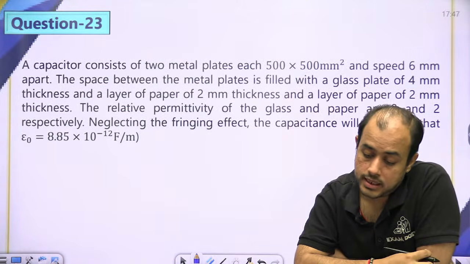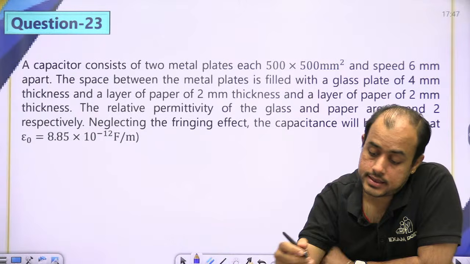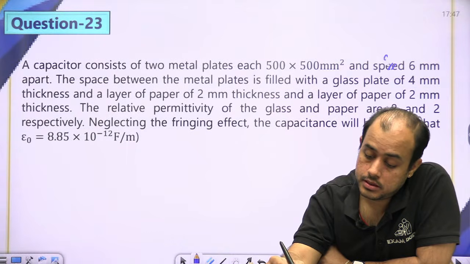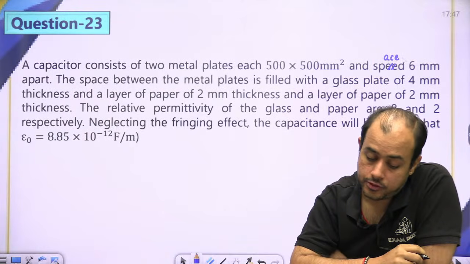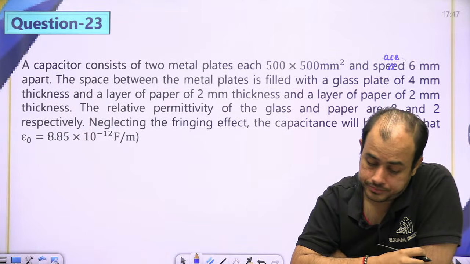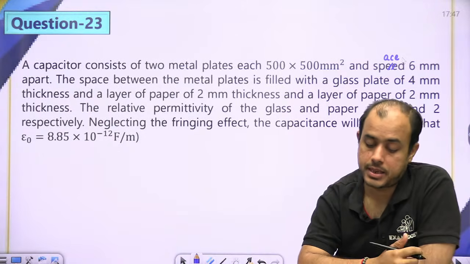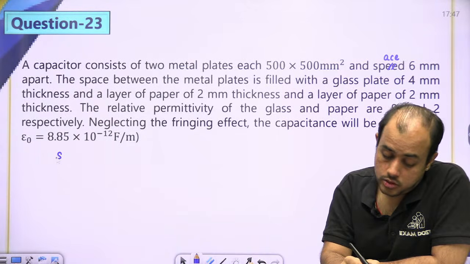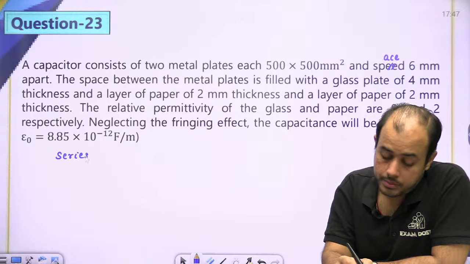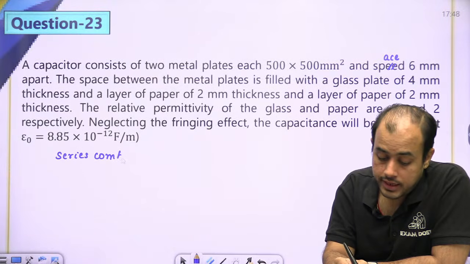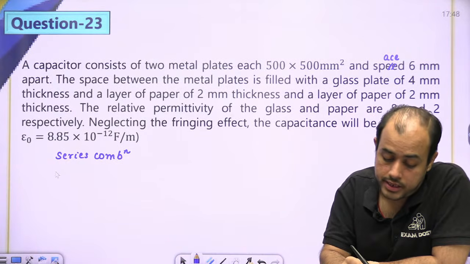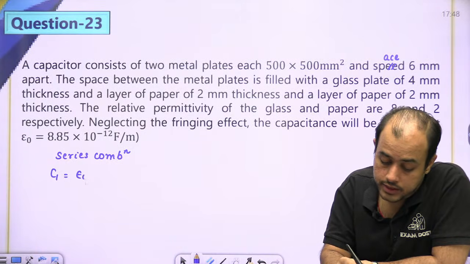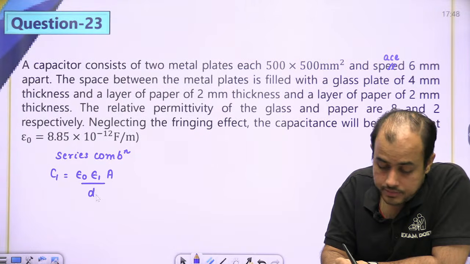Capacitor has two metal plates spaced 6 mm apart. Space is filled with a glass plate of 4 mm and paper of 2 mm. Permittivity is given, find capacitance. So beta, this is a series combination. Whenever dielectrics are divided along thickness, it is a series combination. So C1 is epsilon naught epsilon 1 A by d1.